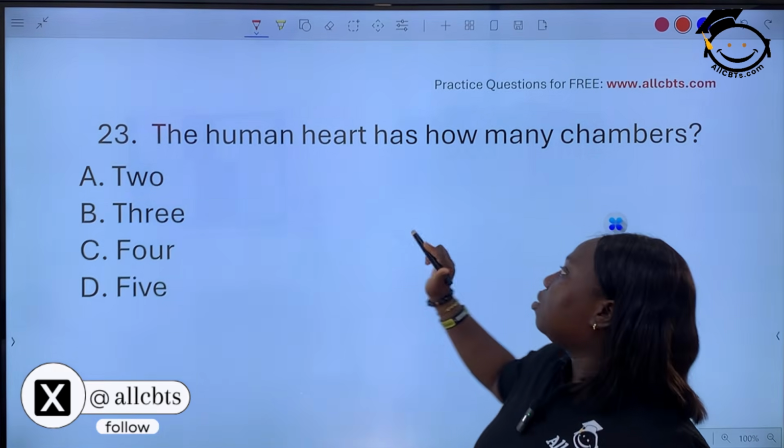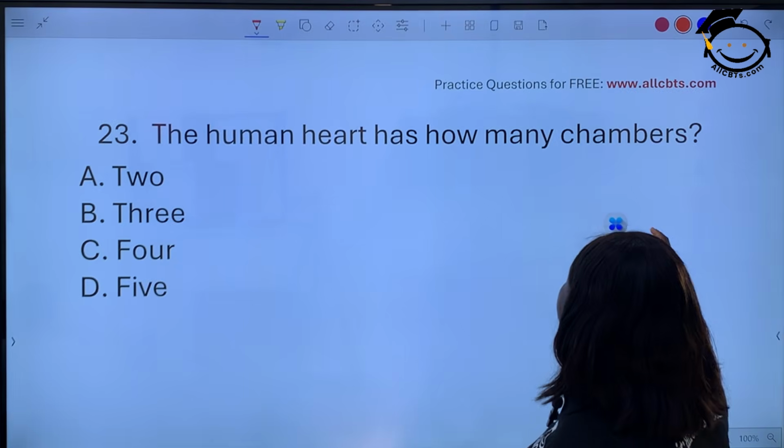Number 23. The human heart has how many chambers?